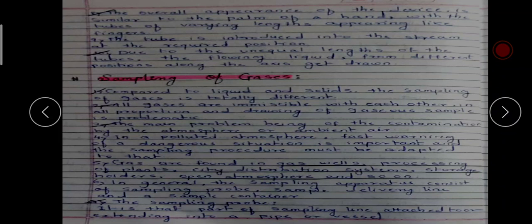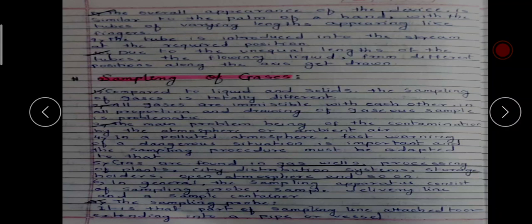As compared to liquids and solids, the sampling of gases is totally different. All gases are miscible with each other in all proportions, and drawing of the gaseous sample is problematic. That's why the drawing of a gas sample is problematic.